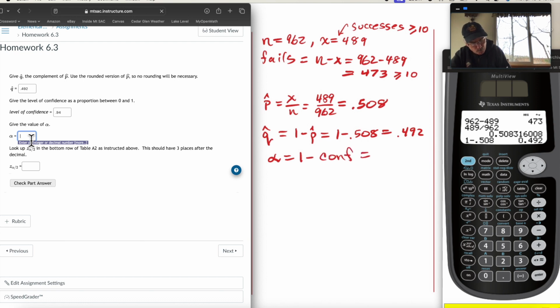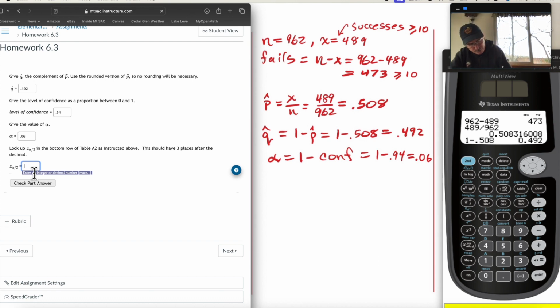So that was 1 minus 0.94. So that's just 0.06. Like that. So 0.06 there. And now we got to get this z alpha over 2.